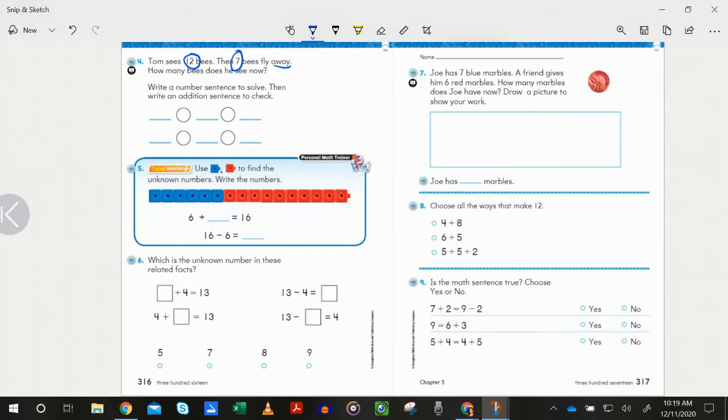How many bees does he see now? Write a number sentence to solve. Then write an addition sentence to check. So you're writing 2 number sentences. The number sentence to solve the problem, 12 bees, 7 bees fly away, and an addition sentence to check your work.